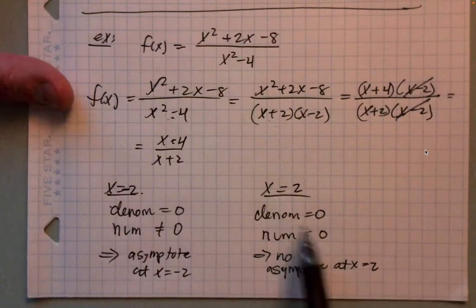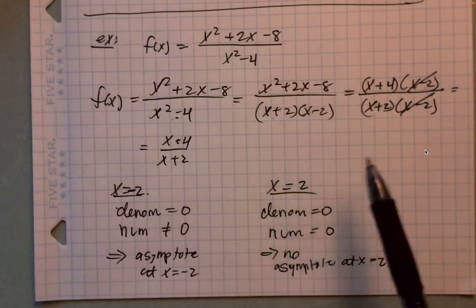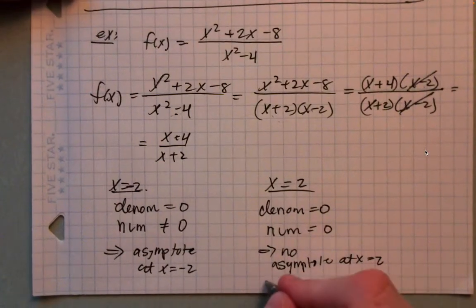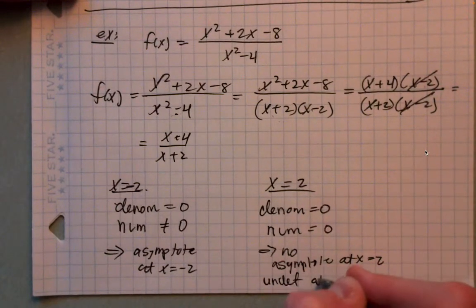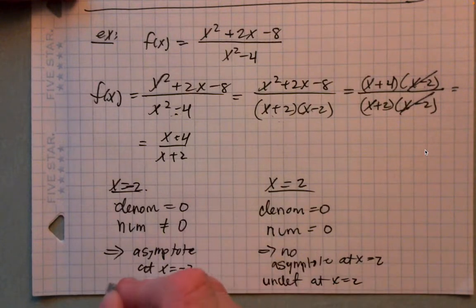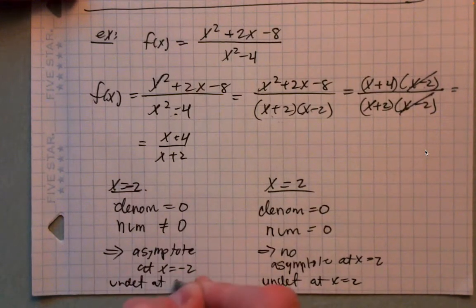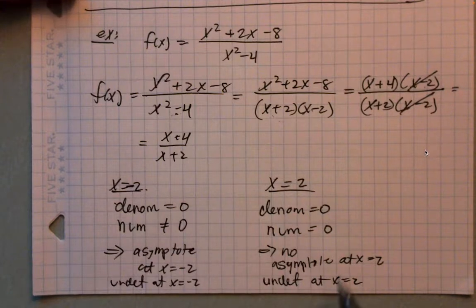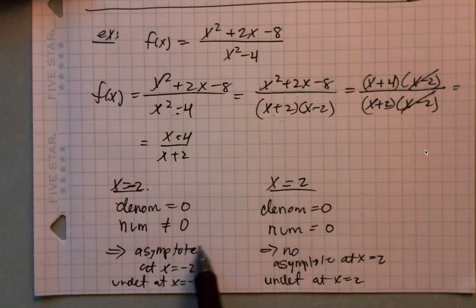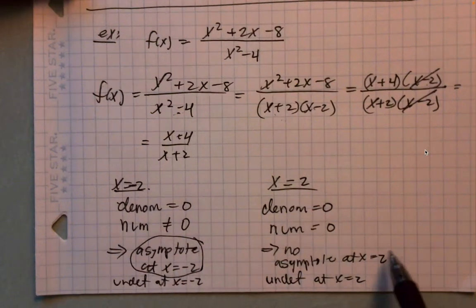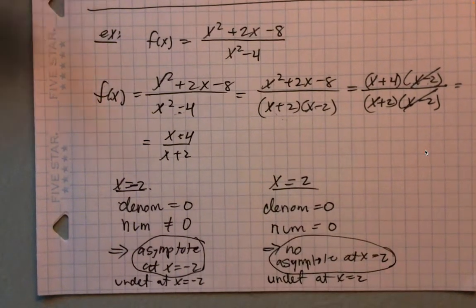Okay, now the function is still undefined at x equals 2. Right, they both are. This one's undefined at x equals 2. It's also undefined at x equals -2. But you have an asymptote at x equals -2, whereas you just have a hole at x equals 2.